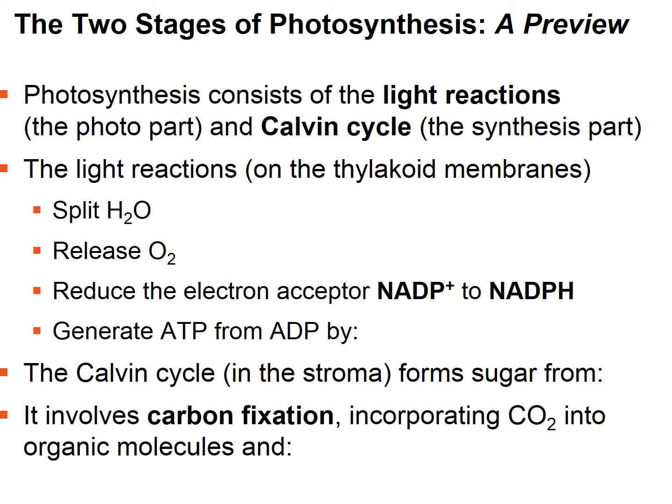The Calvin cycle is occurring in the stroma. This forms sugars from carbon dioxide using ATP and NADPH that was generated during the light reactions. It involves carbon fixation, which is incorporating carbon dioxide into organic molecules, and reduction of fixed carbon into a carbohydrate.